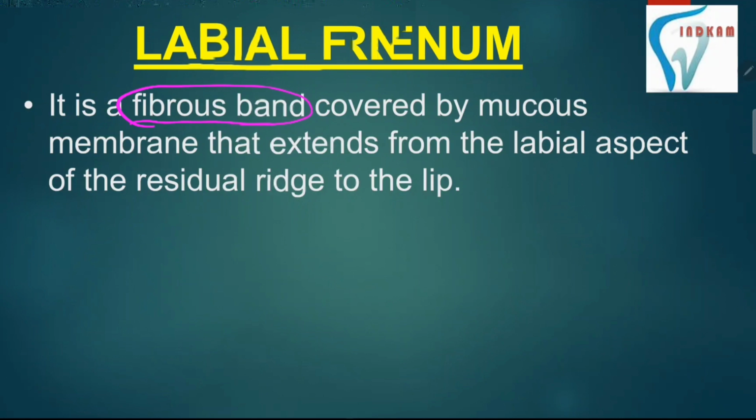Orbicularis oris pulls the frenum in forward direction and buccinator pulls the frenum in backward direction. These muscles influence the position of the buccal frenum, hence it needs greater, wider and relatively shallower clearance on the buccal flange of the denture.